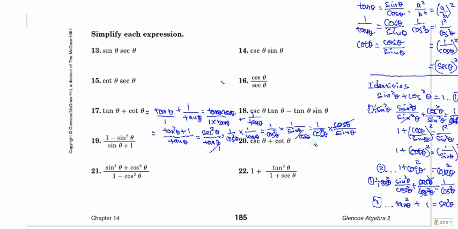So we have 1 over cosine theta times 1 over sine theta. Now, 1 over cosine theta is actually secant theta. 1 over sine theta is actually cosecant theta.